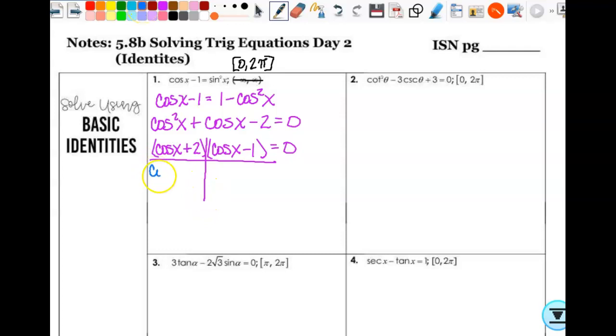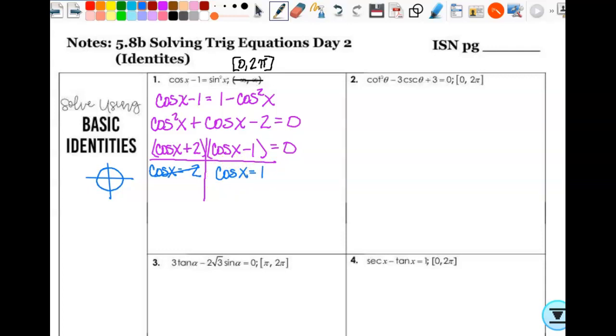Okay. So then I'm going to solve this. This will give me cosine x equals negative 2, and my interval is 0 to 2 pi, so I'm using the whole circle. So when does cosine give me negative 2? Never, right? It doesn't, because it can't be less than negative 1. And then I get cosine x equals 1.